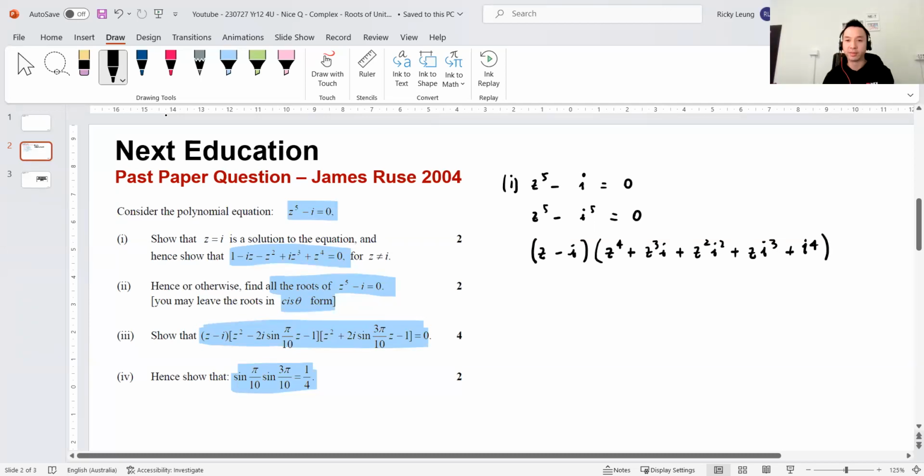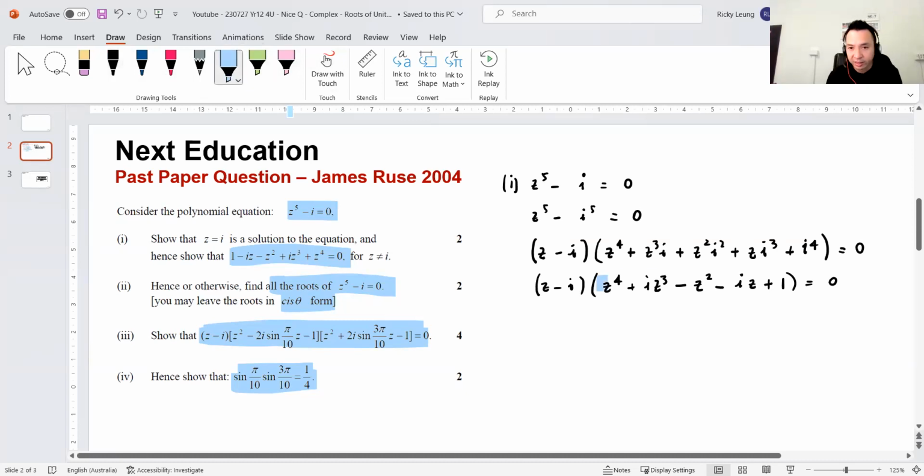Yeah, looking like that. And then I just gotta basically reverse the signs for i squares, right? So that becomes z minus i, z^4, that's still positive, so i z^3, that's now negative, minus z^2, that's minus now, i z plus i^4 is 1. And then let me just check this guy here, that 1, minus minus, perfect.